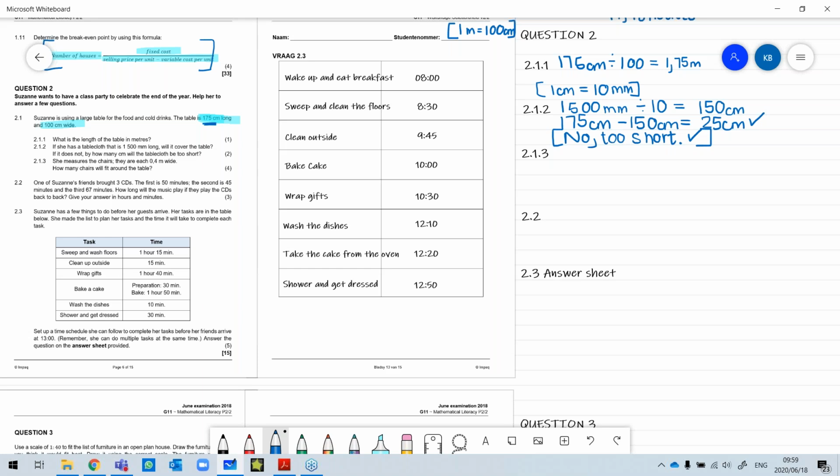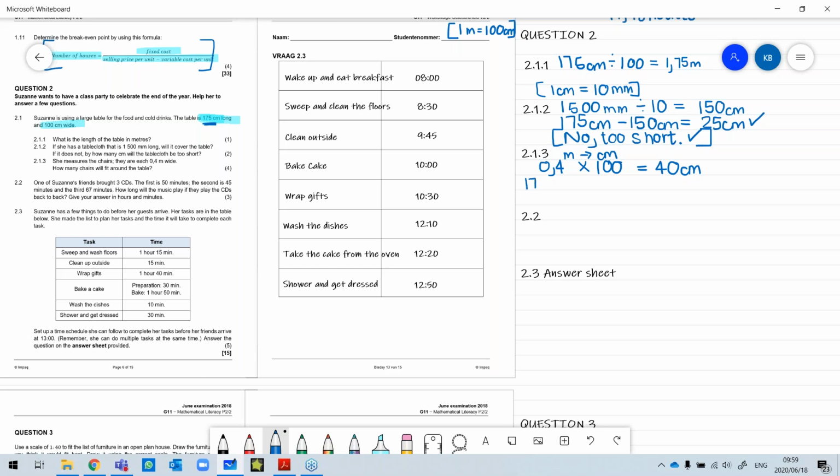So now we already have the measurements in centimeters, so let's just continue to work with centimeters. 0,4 meters, not multiplied by 10, multiplied by 100, going from meter to centimeter, which means that each chair has a width of 40 centimeters.